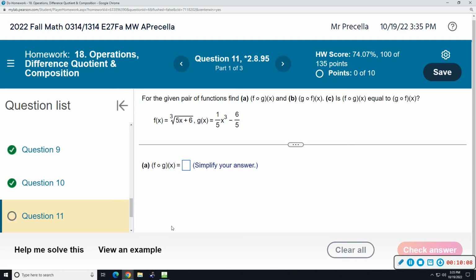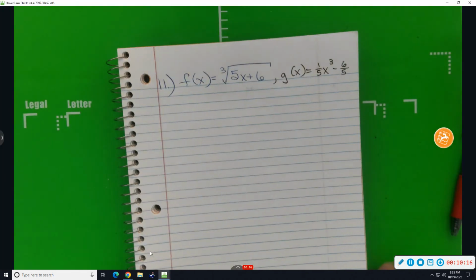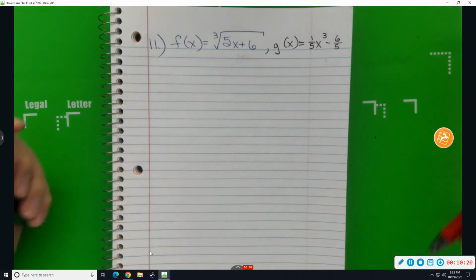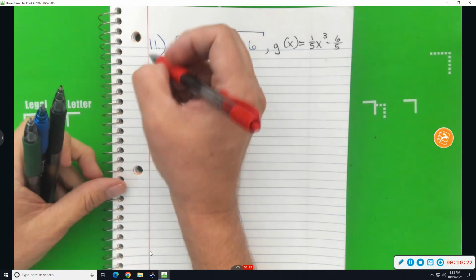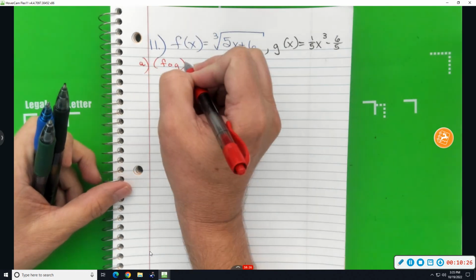Let me switch over. Let me make sure I didn't miscopy the problem here on my paper. Yes. Here it goes, right there. Part A, f composed with g.